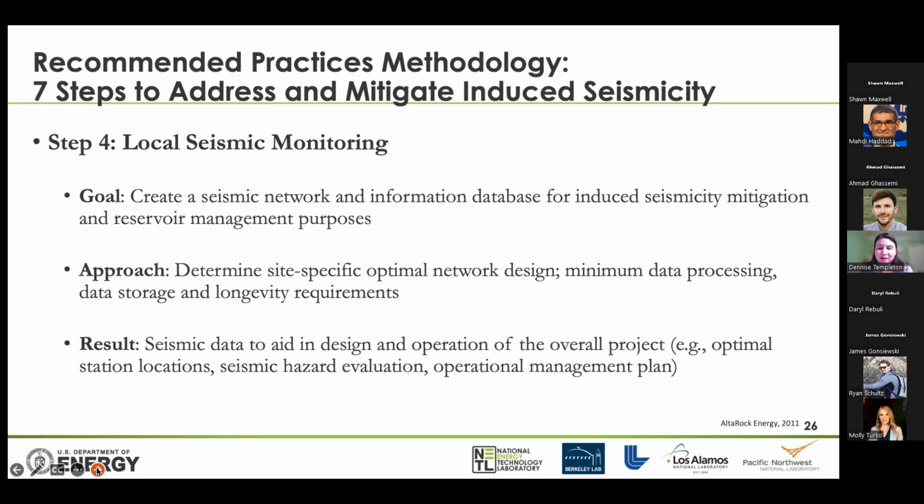This will help with communication of risk, or if there are seismic events of concern, how are we going to communicate that out? The result will be seismic data to aid in the design, but also the operation of the overall project.